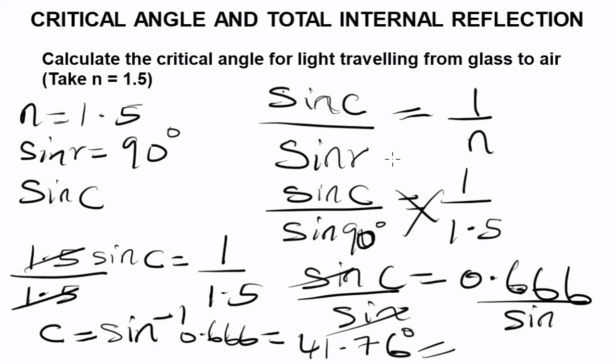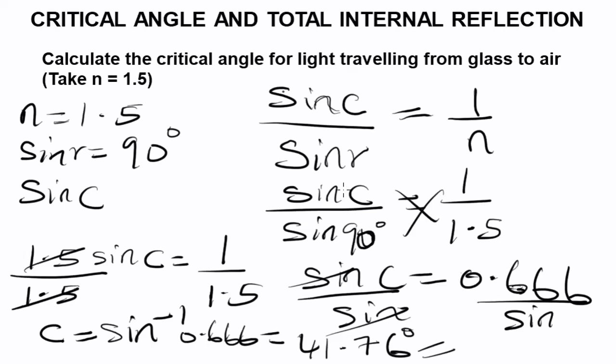Now, when the critical angle is exceeded, it causes total internal reflection. Total internal reflection occurs when the critical angle is exceeded for light traveling from a denser medium to a less dense medium. Take note of that.